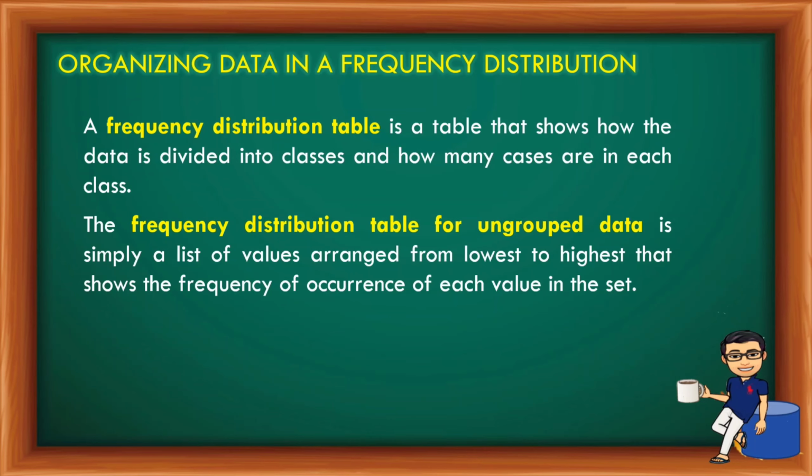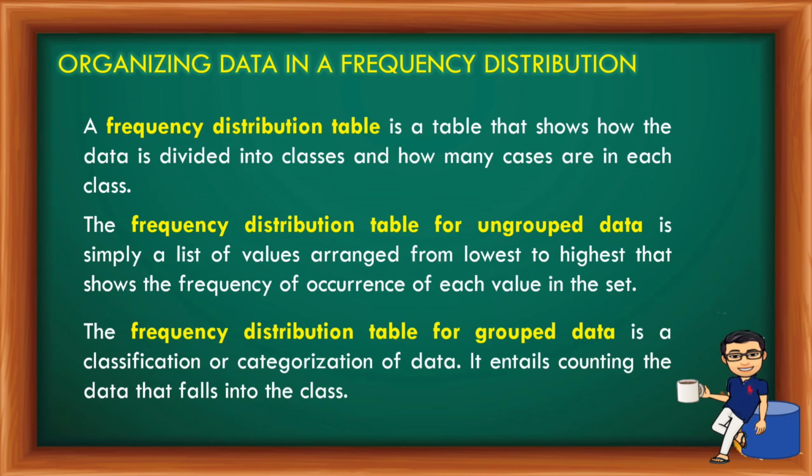Then, the frequency distribution table for group data is a classification or categorization of data. It entails counting the data that falls into classes. Ungrouped data, it is just arranged from lowest to highest or highest to lowest. Group data, it is arranged according to category or according to classification.